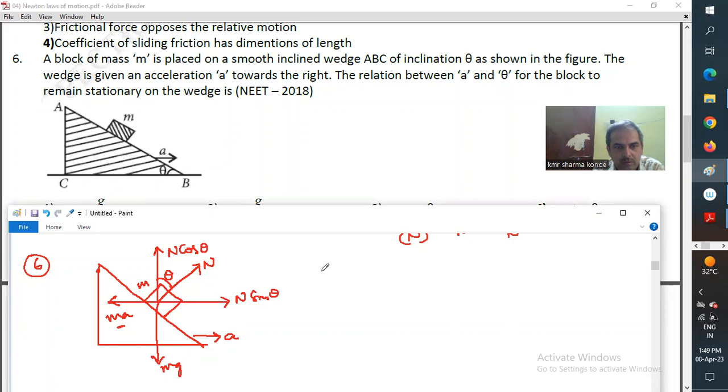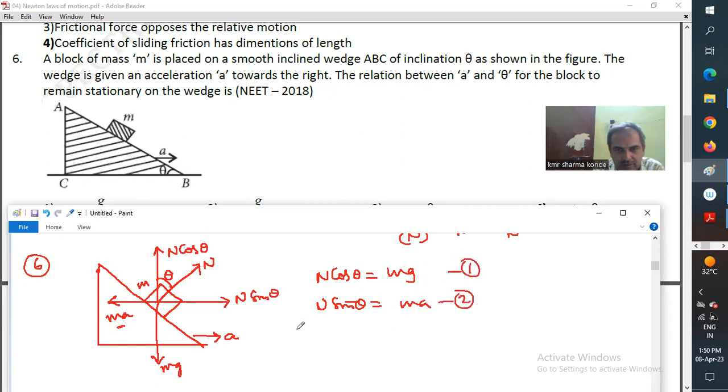Now N cos theta is equal to mg, since the wedge is moving but the block is stationary. This is the condition to be written. N cos theta is equal to mg, this is equation 1, and N sin theta is equal to ma, equation 2.